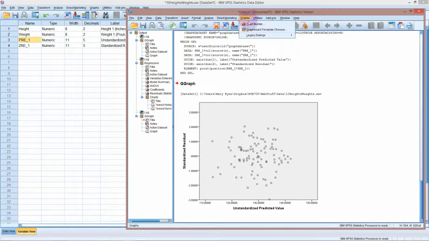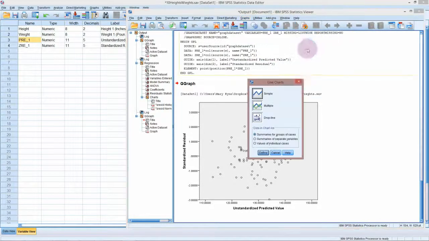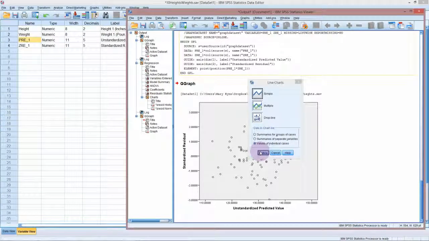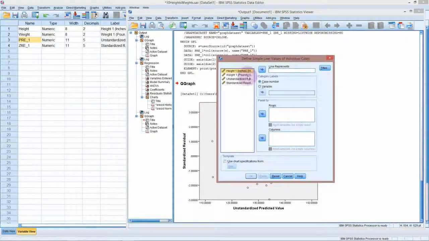And so what I will do here is, it's not easy to get this out, but in the legacy dialog box you'll see it's got what's called a line chart, and we want a simple one, but we want it of the values of individual cases. We don't want summaries. So click that and define, and the line represents our standardized residuals, and the category label is just the case number.